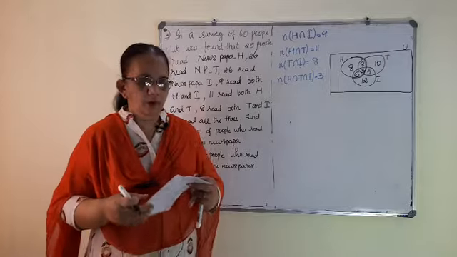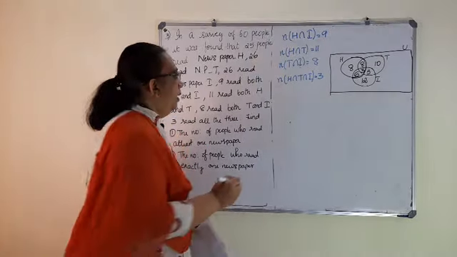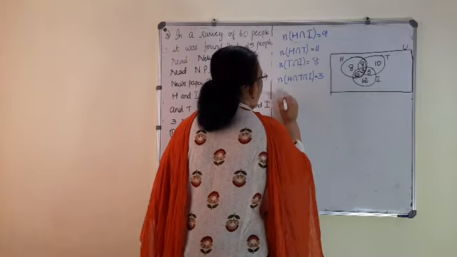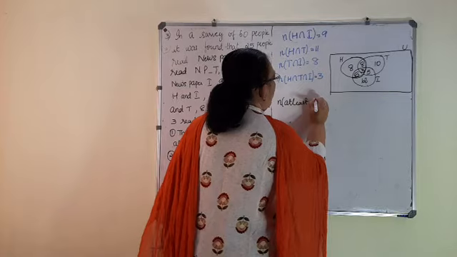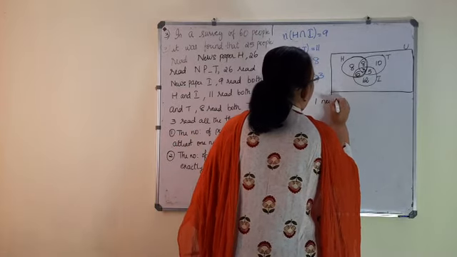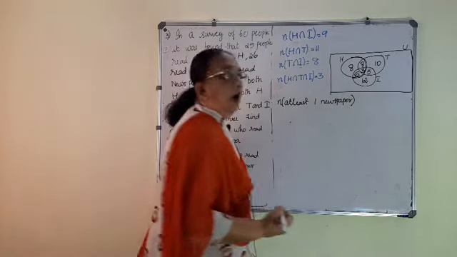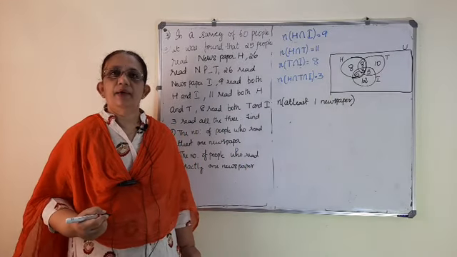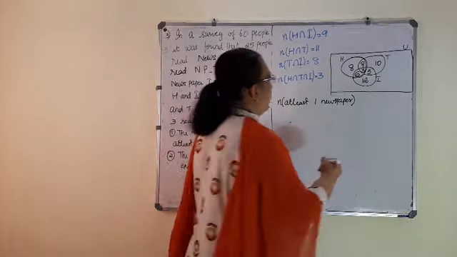So we have filled all the regions. Now the question is the number of people who read at least one newspaper. How many people are there in the survey? In the survey there are 60 people. Some of them read both, some read all the 3, some read exactly one.